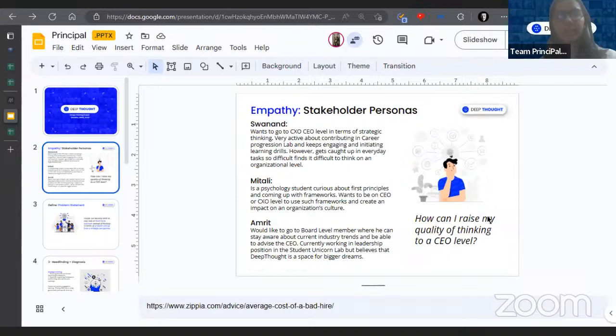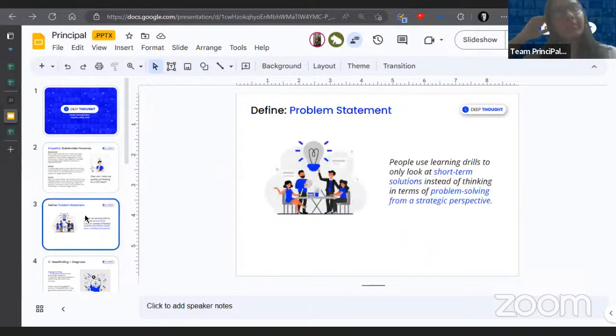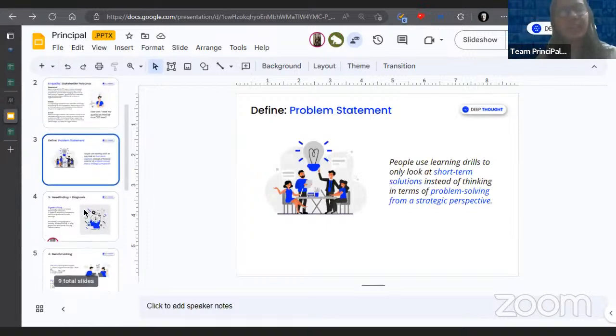Okay, yeah. So the problem that we are addressing is very personal to us at Career Progression Lab as well. As you can see, we have stakeholders here, all of them wanting to improve their quality of thinking and think from a more strategic perspective, like CEO, VP, CXO level, and approach problems in that way. But the problem statement is that people are not able to think that far. We have engagement and learning drills through CPL that try to make people think from that approach.